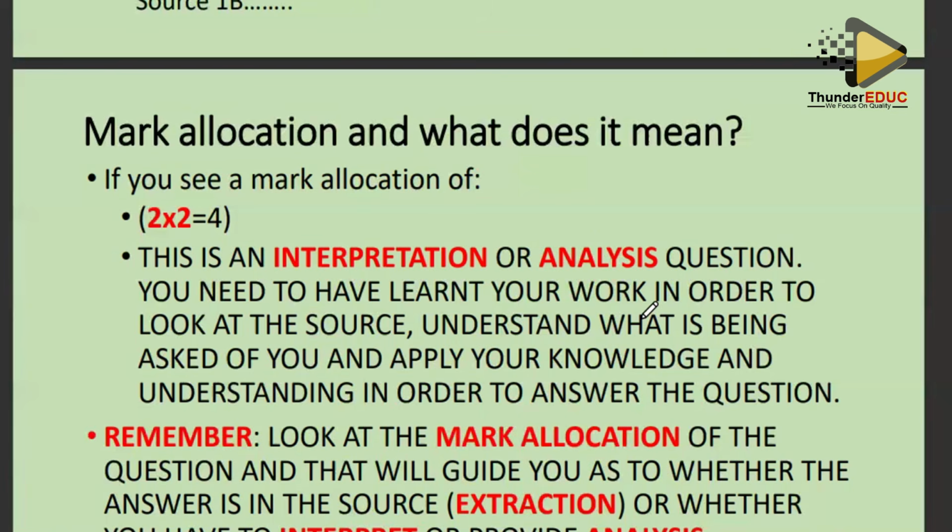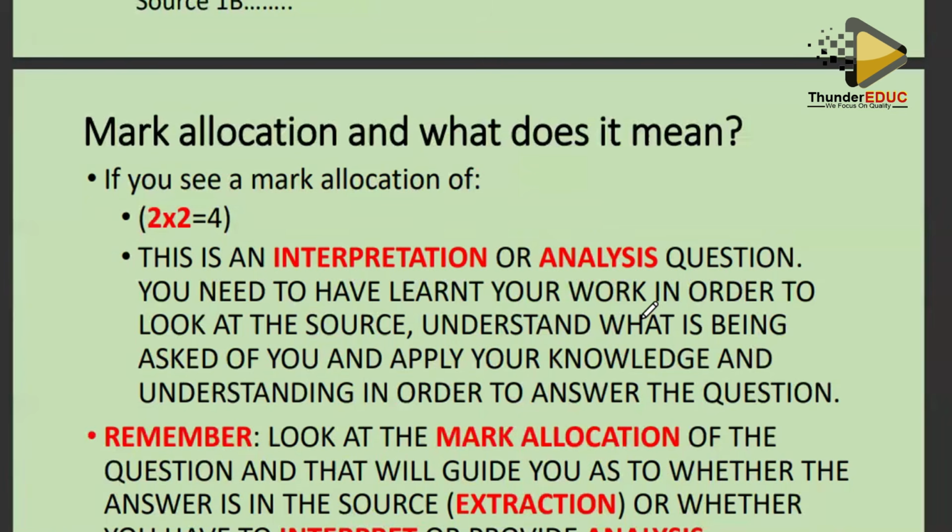You are now qualified enough to justify if a source is reliable or not, or if a source is useful or limited, because you now know what happened in those historical events and you have sufficient historical evidence to actually judge if a source is reliable, useful, limited, or all those particular aspects.